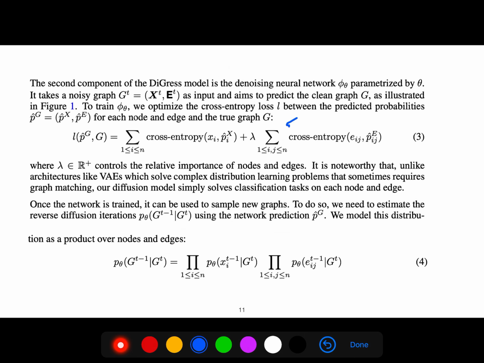And the cross entropy of edges, the cross entropy of nodes. This lambda is a hyperparameter to say which one. Of course, we use an advanced approach. This lambda adjusts itself, but you can write this probability, this distribution, as a product over nodes and edges.